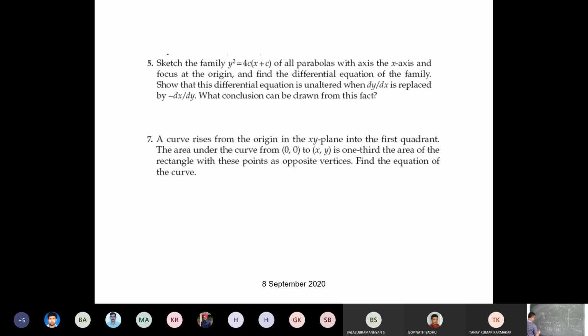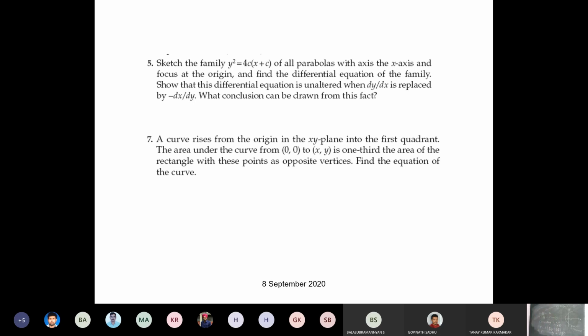So y squared equal to 2xy dy dx plus y squared dy dx whole square.